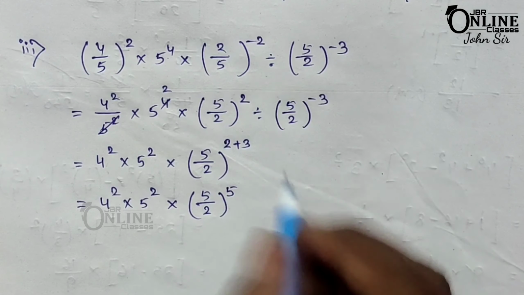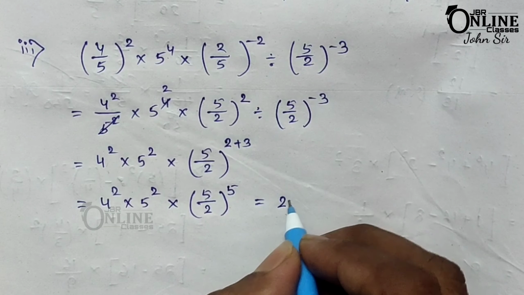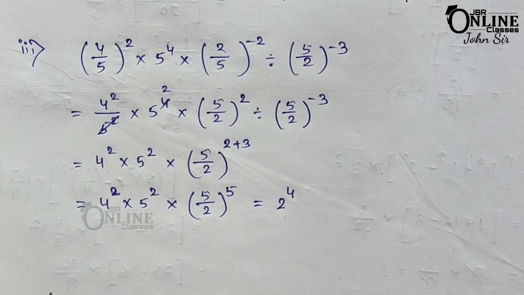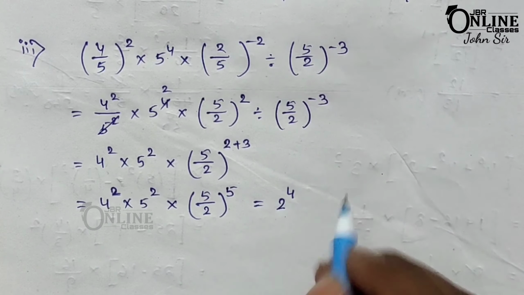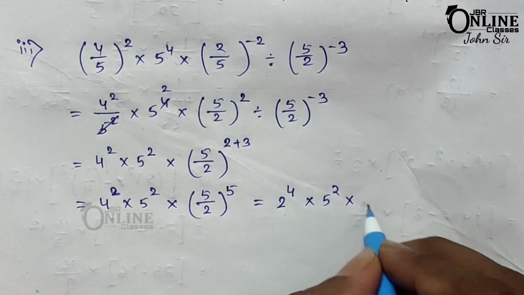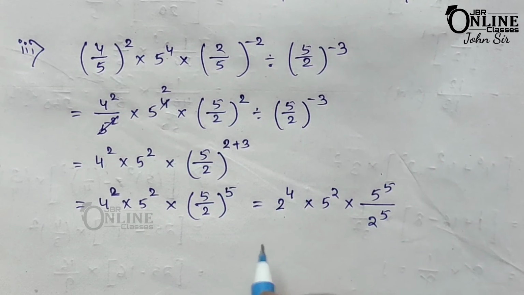That means now 4 square means 2 to the power 4, and here write down 5 to the power 5 by 2 to the power 5.